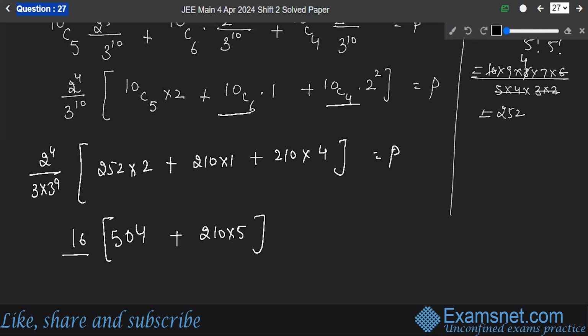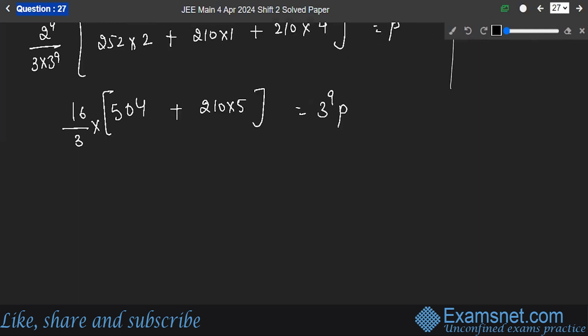This is 16 upon 3, and let's take 3 power 9 on this side. Okay, so this gives me 16 upon 3, and here you have 504 plus 1050. So this is equal to 3 power 9 into P.